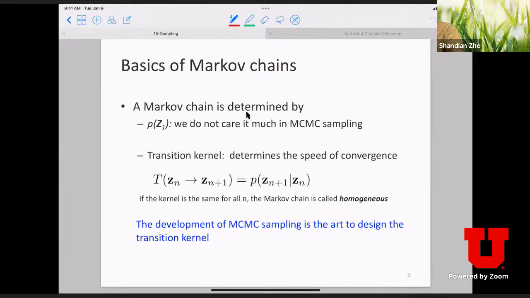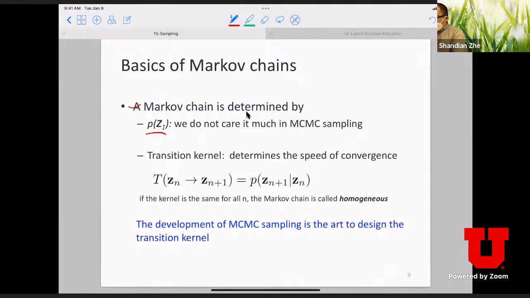So given any Markov chain, the whole distribution of the chain is determined by two things. First, the distribution of the initial state, right? If it is from a Gaussian distribution with mean 0 and covariance 1, it might be different from another initial distribution like a Student t distribution.